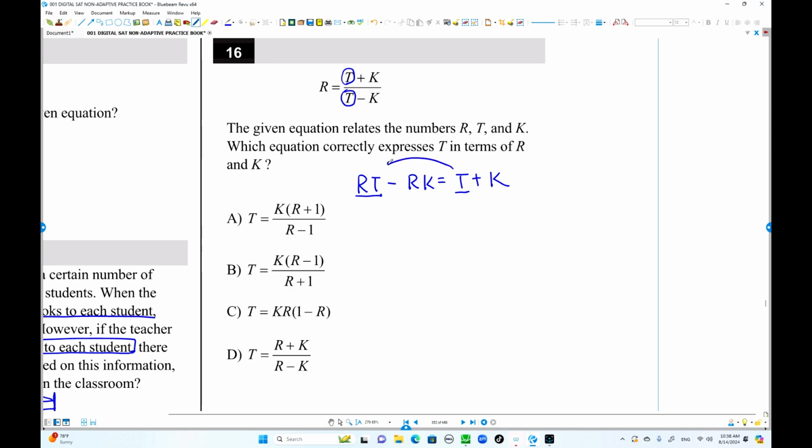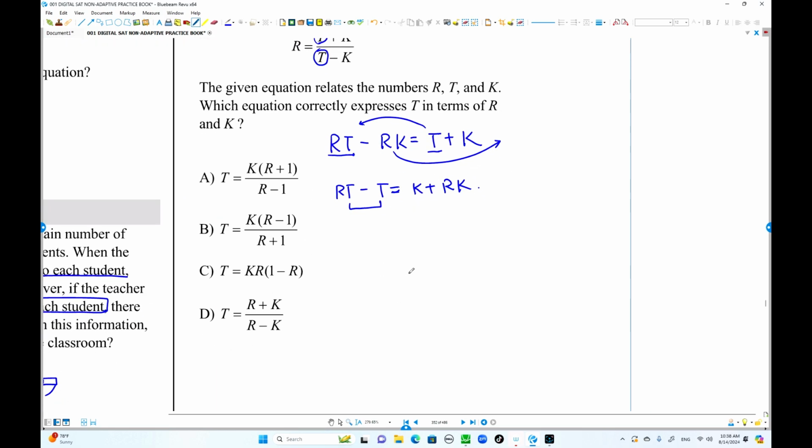We're going to move this to the left. So RT minus T. We're going to have all the other variables or different letters moved to the right. K plus RK. Now we can combine because these two are now on the same side. So T is out, R minus 1.